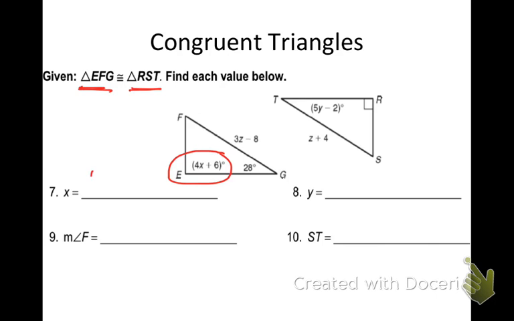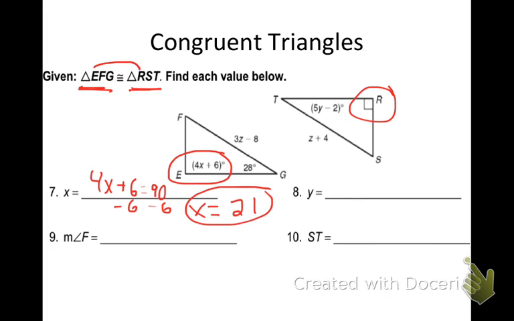Why do I say 4x plus 6 equals 90? Because E is congruent to R. It shows E and R are the same term, so that means they are the corresponding angles. R shows is a right angle. Right angle means 90 degrees, right? So I'd say 4x plus 6 equals 90. From there, I can solve for x. Subtract 6 to both sides, divide by 4. I get x equals 21.